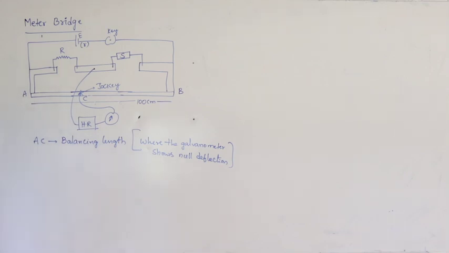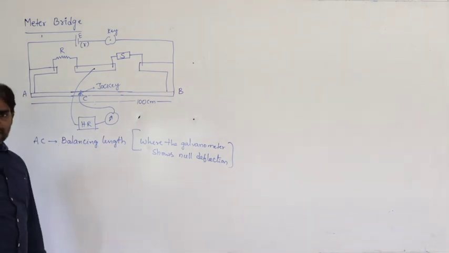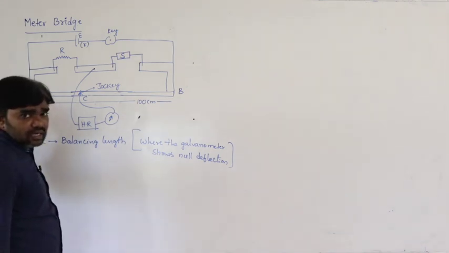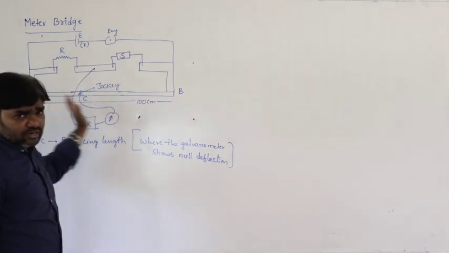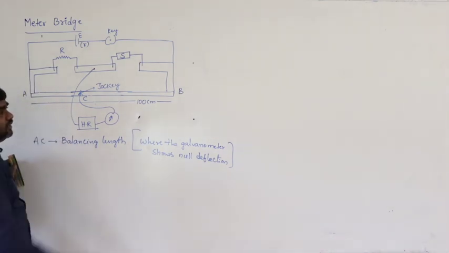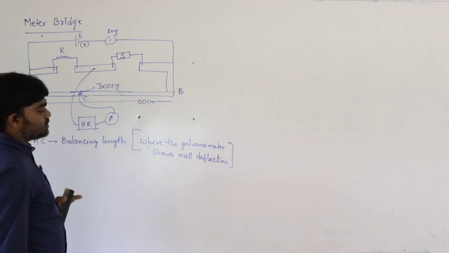And one more very important thing, balancing length always must be measured from the left side. So from here to here, like this.